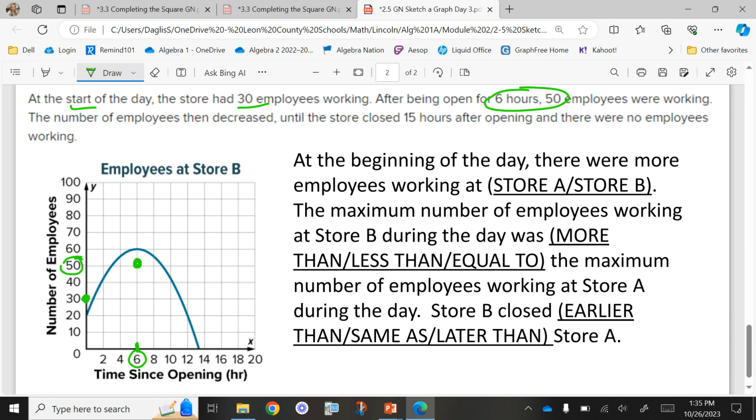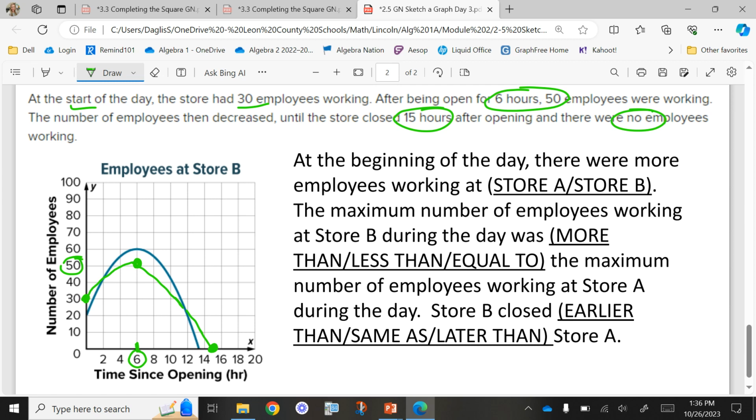The number of employees then decreased until the store closed 15 hours after opening and there were no employees working. So 15 hours, no employees. That's going to show me right there. We closed and no one's working anymore. So now we can draw our curve.